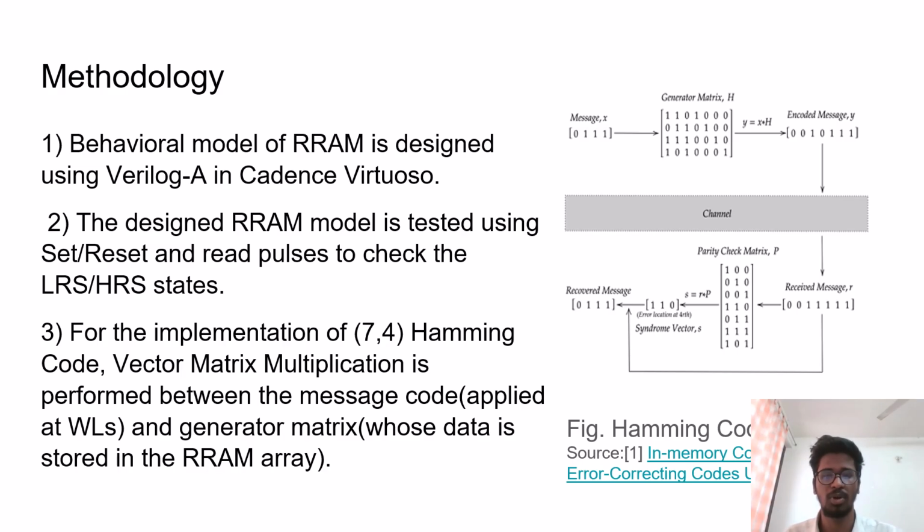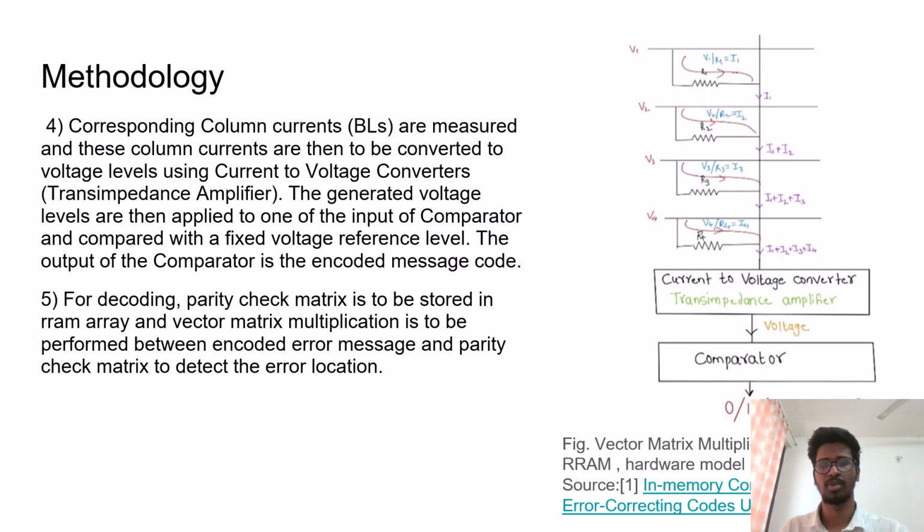For this, we perform vector matrix multiplication with the input message applied to the word line and the generator matrix stored in the RRAM array. Here on the right side, you can see the input message represented as V1, V2, V3 and V4.